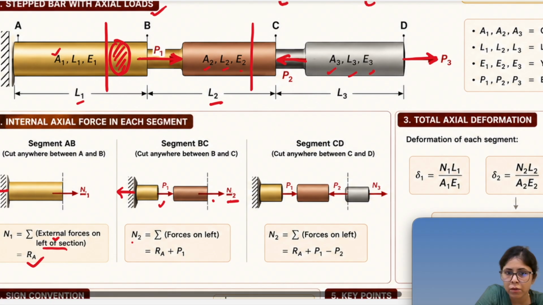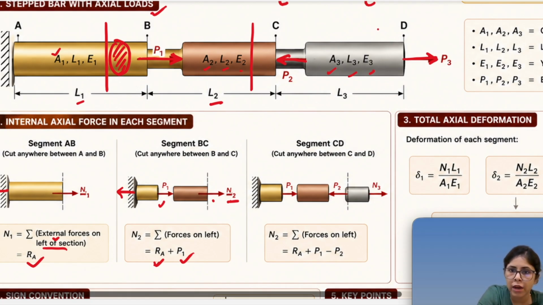So N2 will be nothing but the summation of all the forces on the other side. So we have P1 and we have Ra. Don't worry about the direction of the reaction, that will come once we calculate. But in general, on the left there are these two forces.